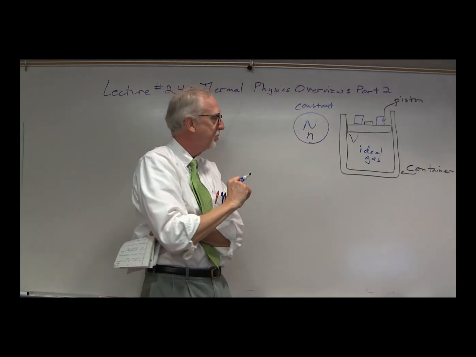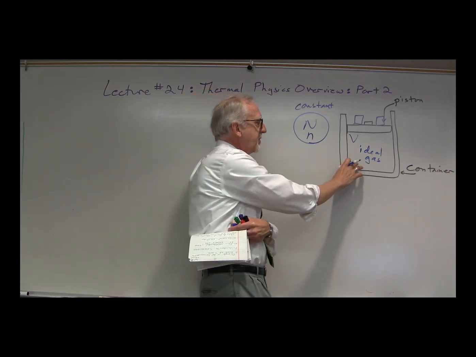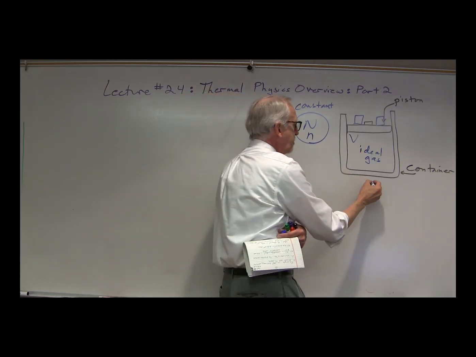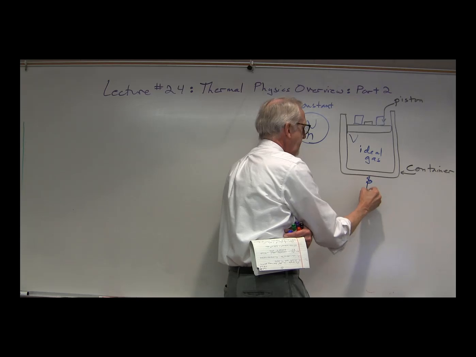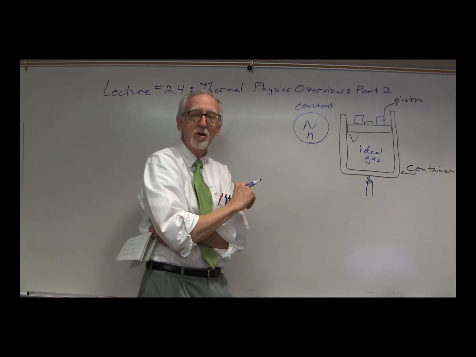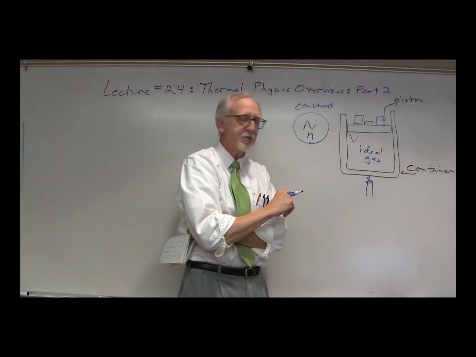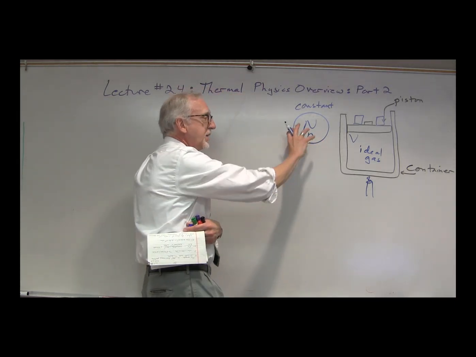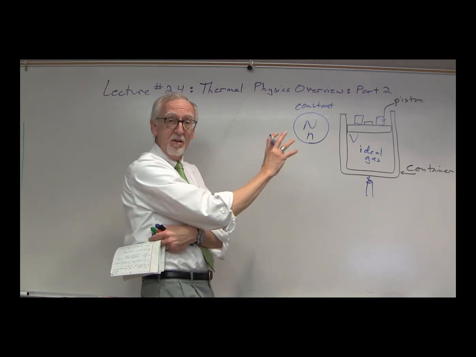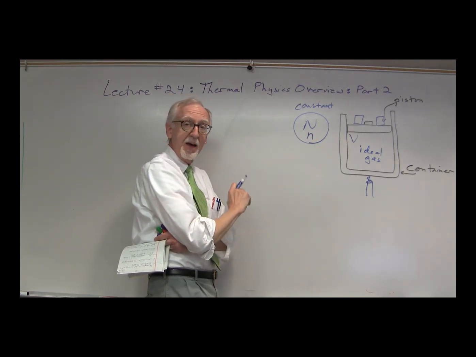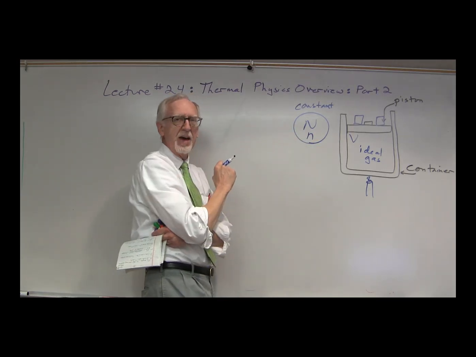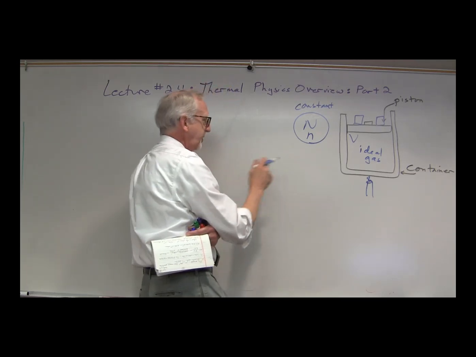Also, let's imagine that we can heat this up. Maybe we put a candle or a burner under here, or we pack ice around it, so we can change the temperature of the gas as well. So we can change anything we want of the values for the ideal gas, except the amount of gas, in other words, capital N or lowercase n.